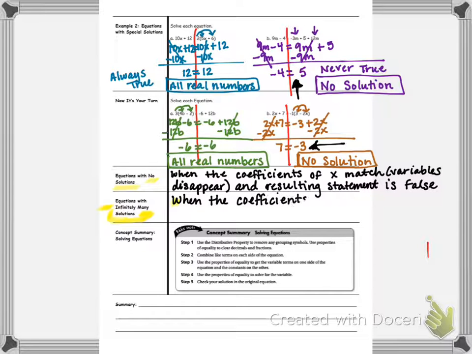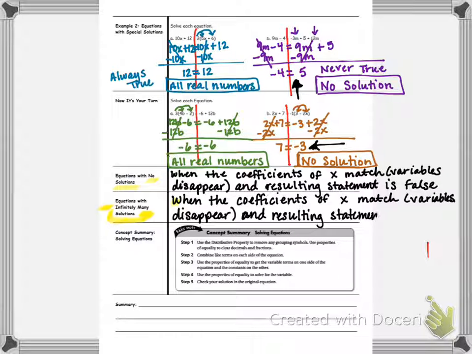When the coefficients of x match, and so then the variables disappear, and the resulting statement is true.